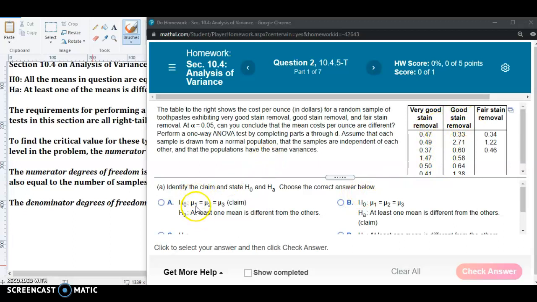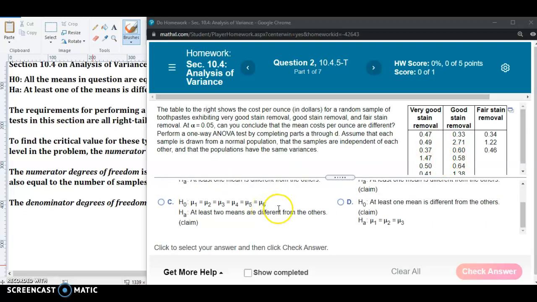The first mean would be the population mean cost per ounce for all toothpastes that have very good stain removal, and the second mean would be the population mean cost per ounce for all toothpastes with good stain removal, and so on. In the null hypothesis, we assume they're all equal to each other. Then in the alternative, we simply look for the statement that says at least one of the means is different from the others.